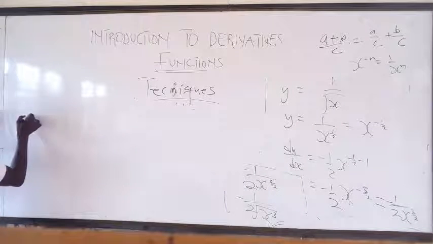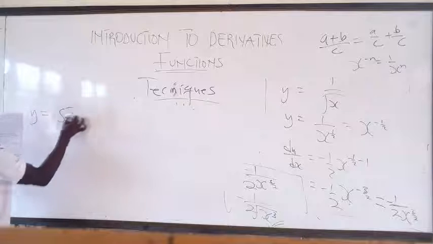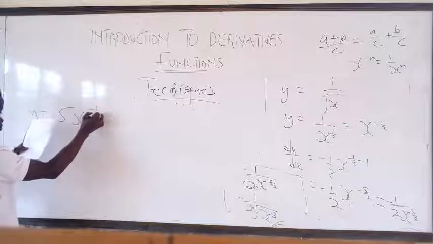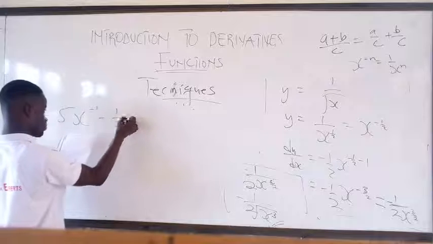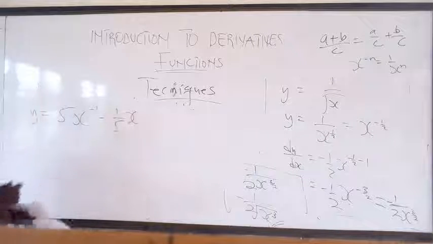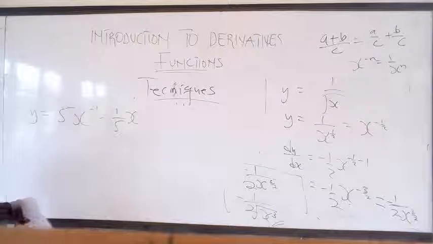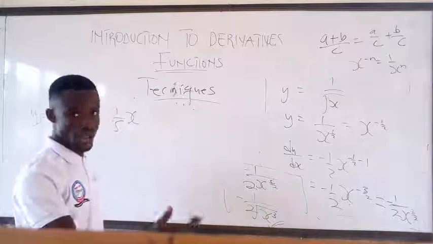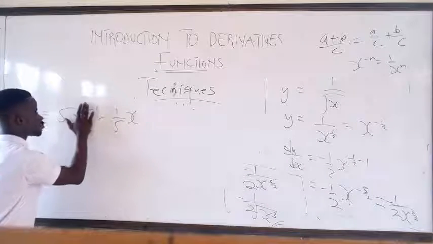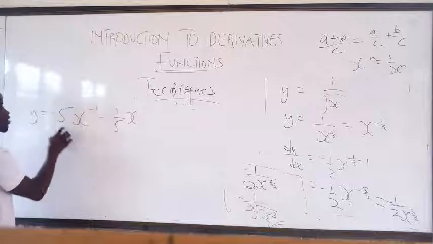You can also get something like y is equal to 5x to the power negative 2. Is it in the form ax to the power n? Yes, this is in the form like that. We have the power, we have the coefficient.